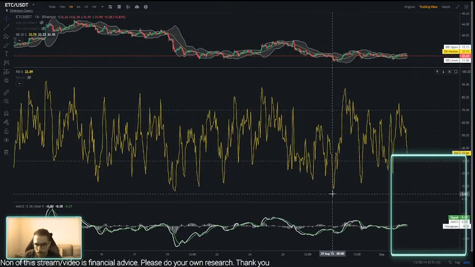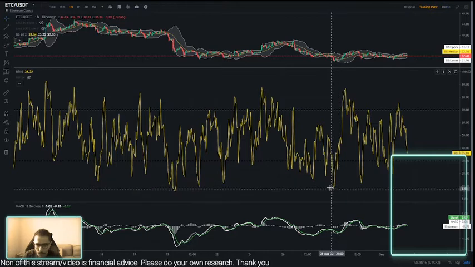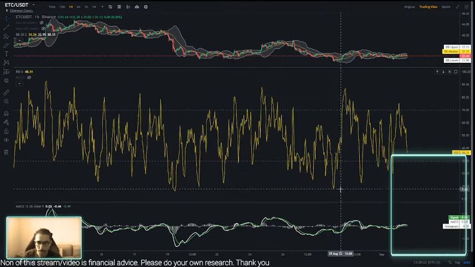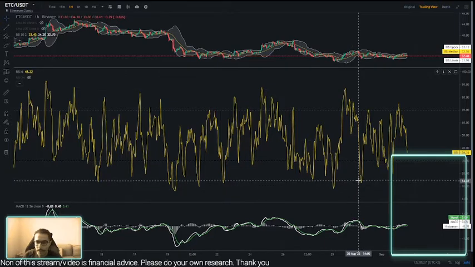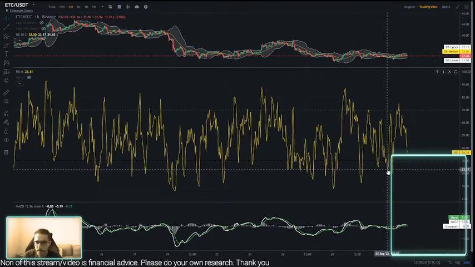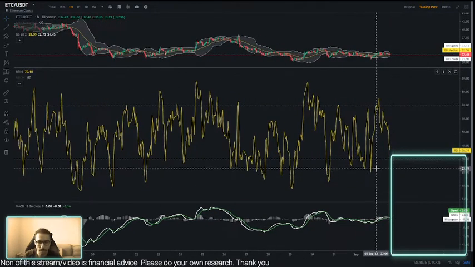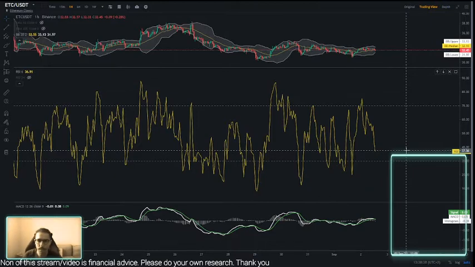Although if we look at this, we have been setting up higher lows on the RSI since the beginning of this week: around 8, then 12.5, then 19.9. So that's interesting. We definitely are on a trend where we are seeing higher lows.